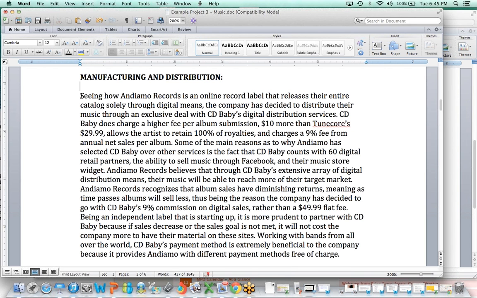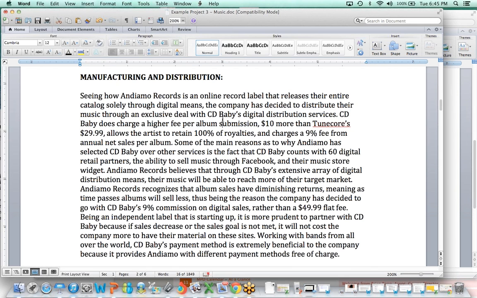Now, to be honest, these things could be different. It's just a matter of explaining that in your manufacturing and distribution strategy. But in general, for most people, the manufacturer and distributor are going to be the same company, which is going to be your print on demand company, right? So this student did a pretty good job. He talks about how they're going to use CD Baby, but here's the key thing, though.